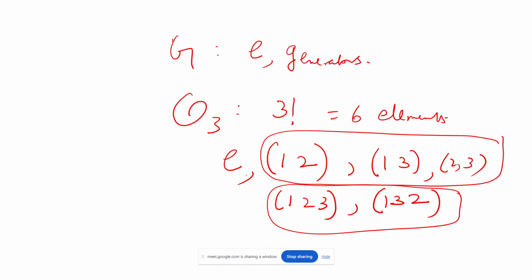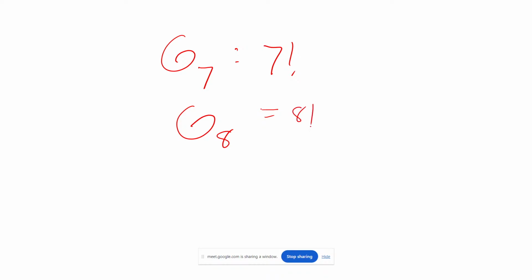A lot of interesting things happen with symmetric groups of higher degrees. Suppose you look at the symmetric group of, let's say, 7 or the symmetric group of 8. The number of elements is 7 factorial here, and 8 factorial here. And then you can construct subgroups in this 8 factorial.